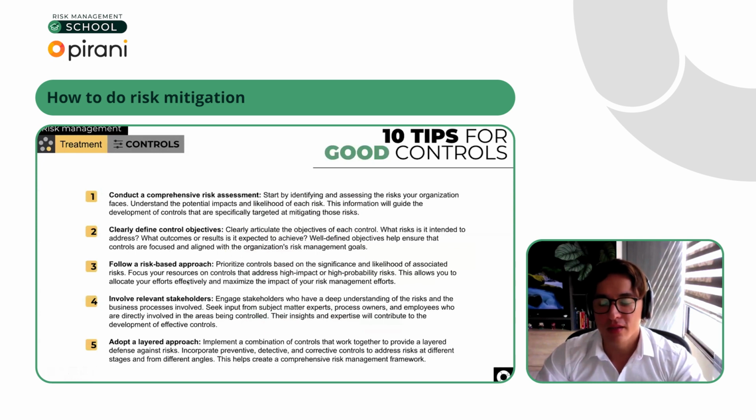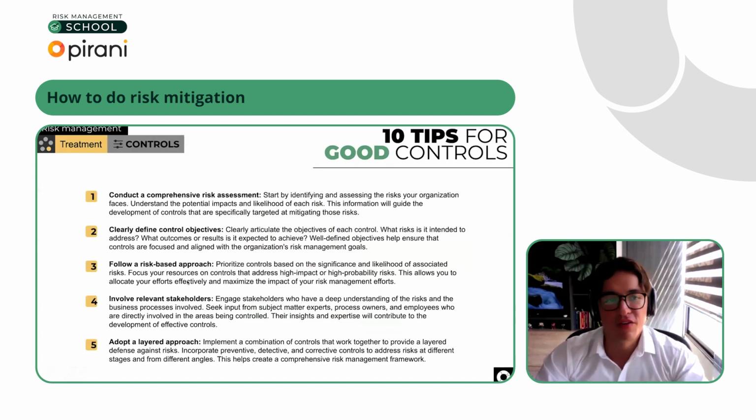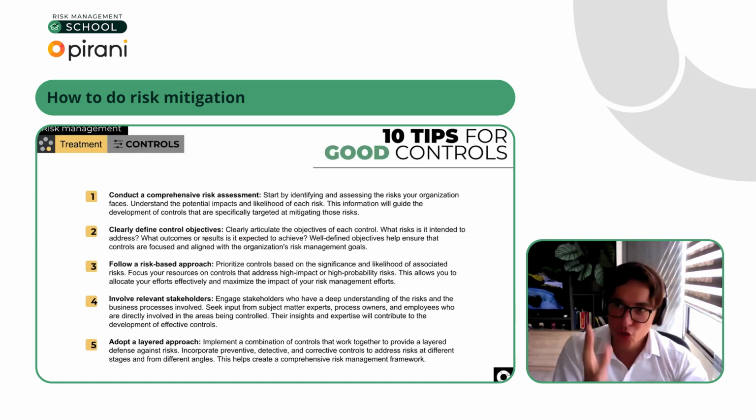So the tips to have good controls, and to give you an idea if the control will be weak or strong, definitely will be: 1, conduct a comprehensive risk assessment. 2, clearly define the control objective. What do you want this control to do?